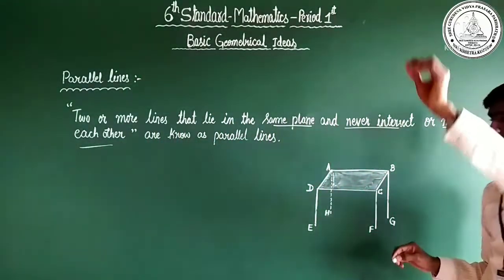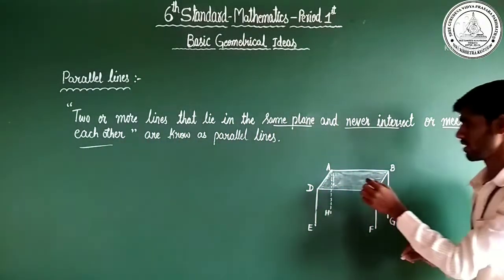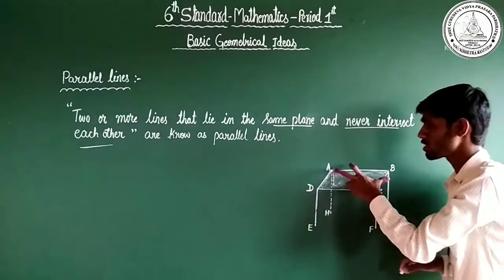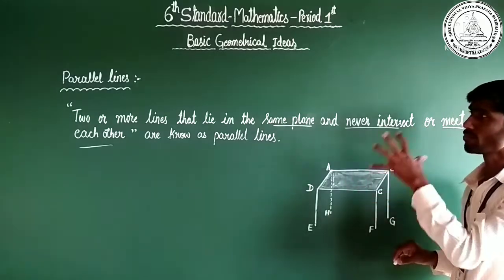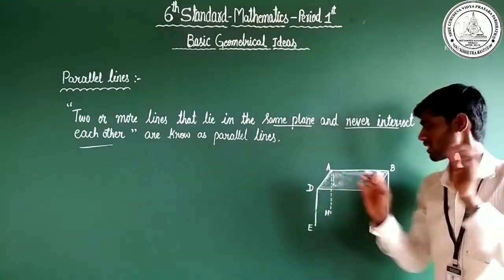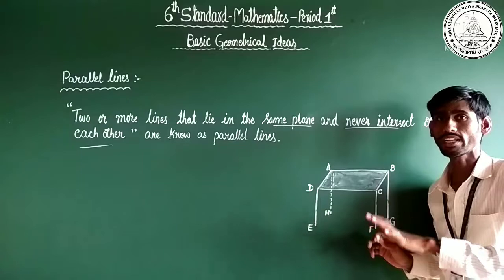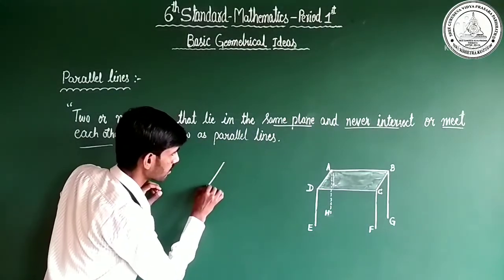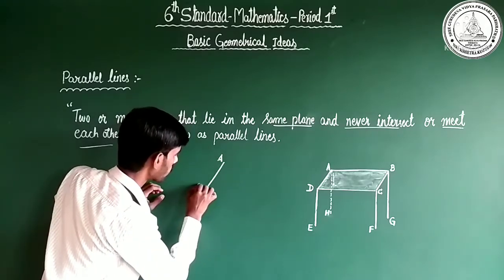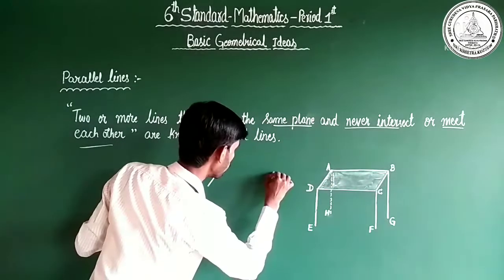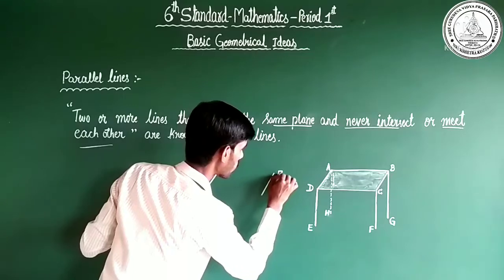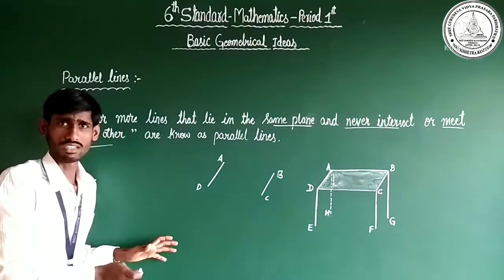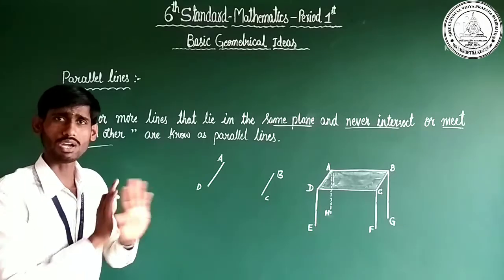Just observe the picture on the board. See, AD and also BC. These two lines we call parallel lines because these two lines do not intersect. This is AD. This is BC. Does it intersect ever? No, it is not possible.